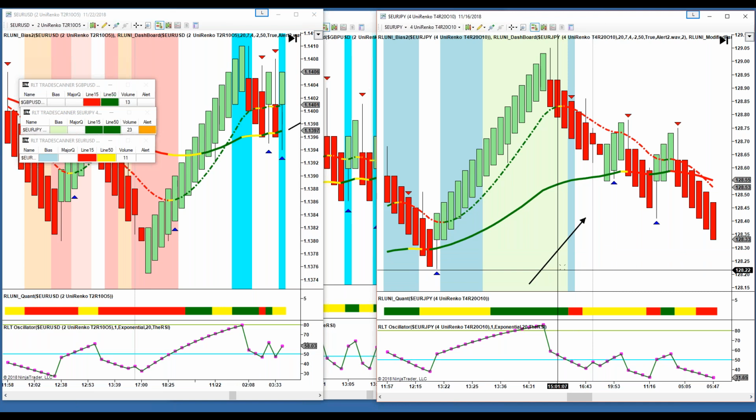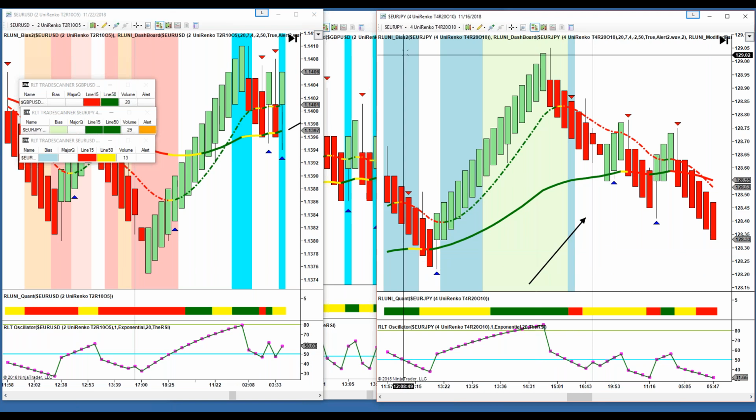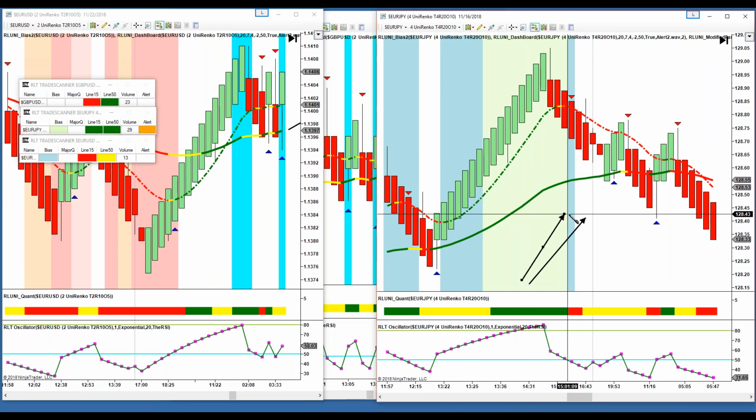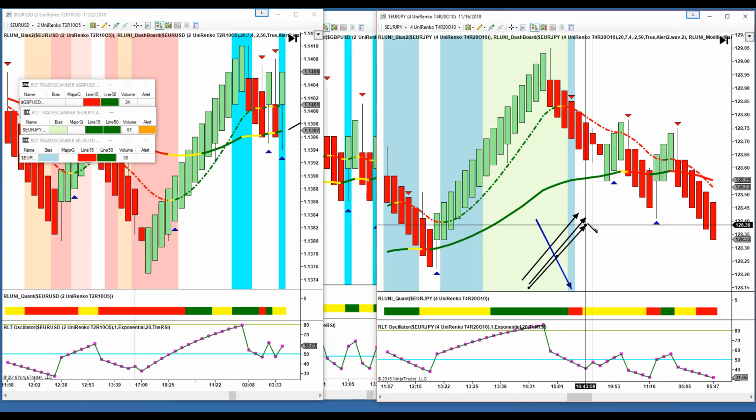So the Forex pairs that correlate in the direction of the JPY or the euro yen are going up, and the Forex pairs that move in the counter trend direction are going down. And essentially what it's telling you is money's coming out of this market and moving to this market.